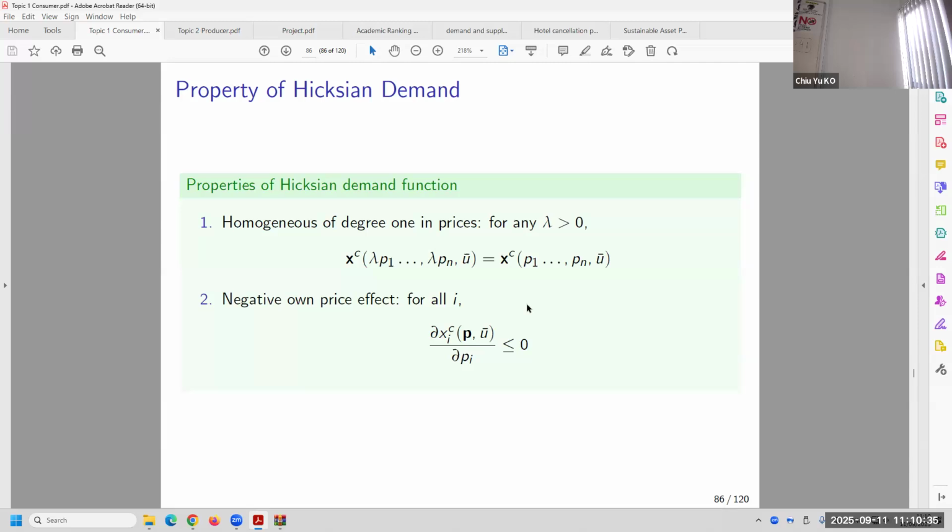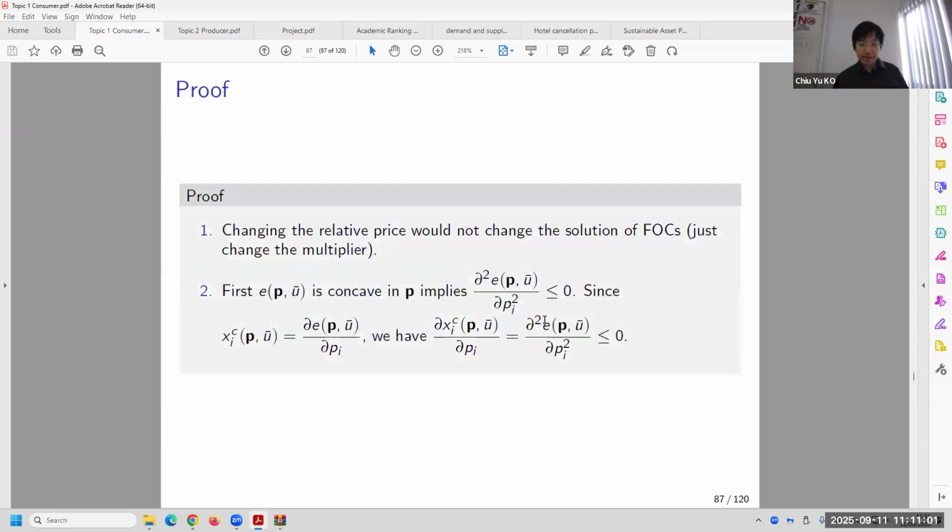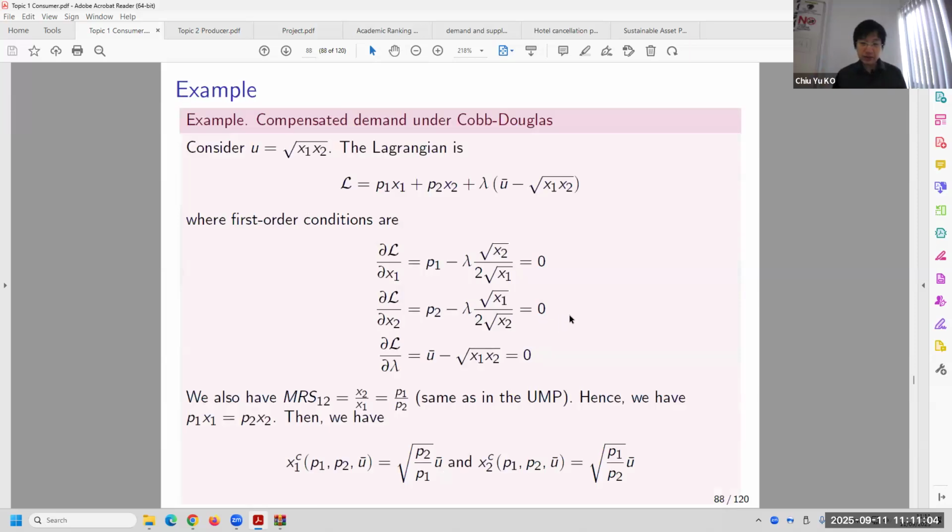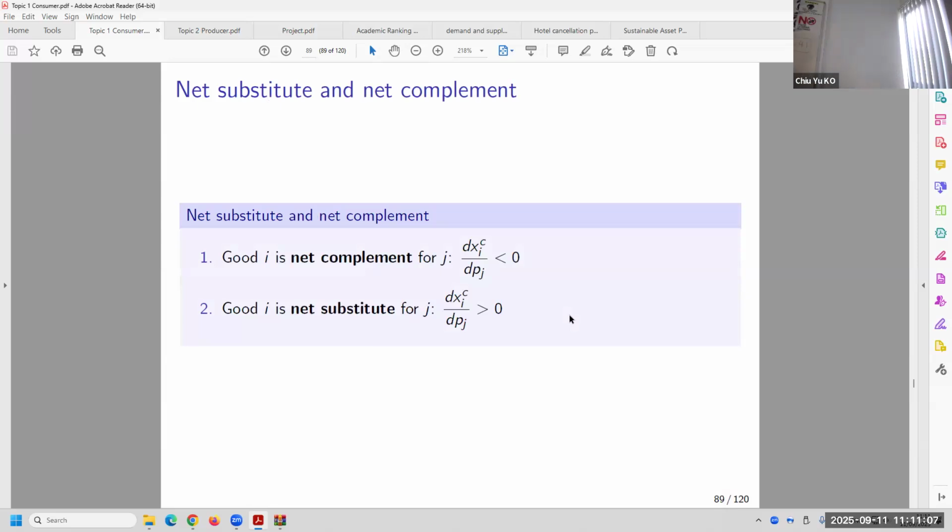Later we'll see the difference between these two, because there's an income effect and a substitution effect. In the Hicksian demand, only the substitution effect is there. We'll talk about the Slutsky equation very soon. In the Hicksian world, demand is always downward sloping. There's no way to have a Giffen good. There's the same idea, but not gross complement, rather net, because the income effect is gone.